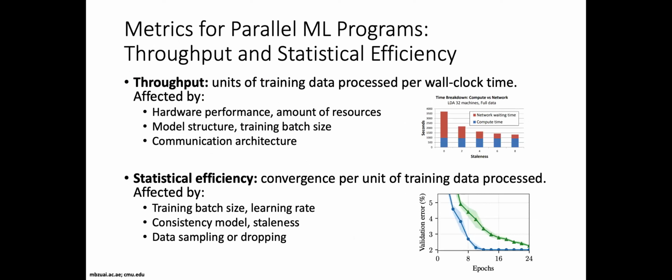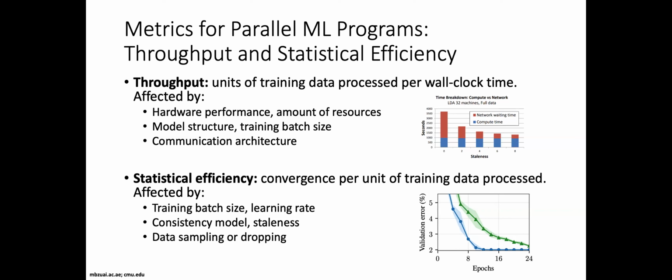We'll get to what goodput is in a bit, but throughput is basically affected by the speed of your hardware, what generation of GPUs you're using, and how many GPUs you've thrown at the problem. It's also affected by the size or structure of the model, the training batch size, and your communication architecture. Do you have NVLink? Do you not have NVLink? Do you have InfiniBand? Do you not have InfiniBand? Stat efficiency is affected predominantly by the mathematics, most significantly your batch size and learning rate.